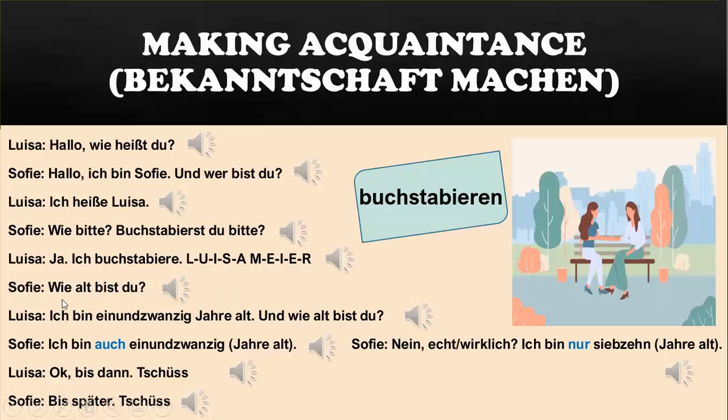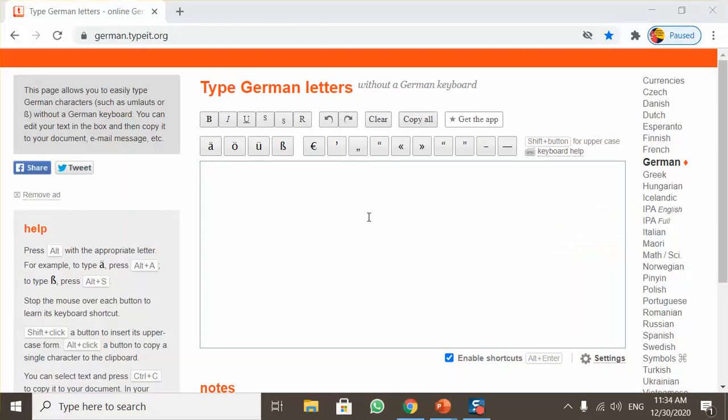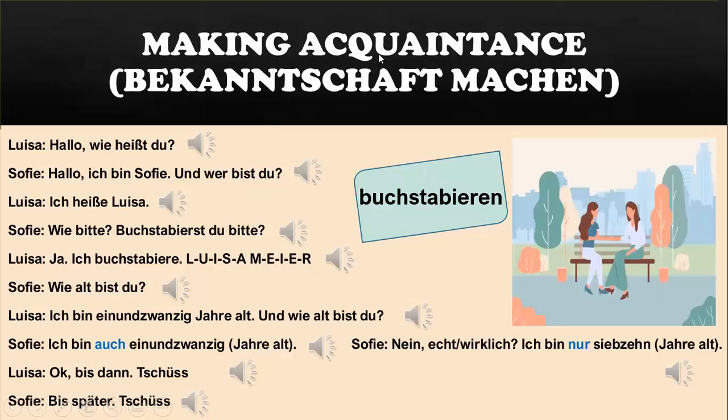Age in German is Alter. Alt in this question refers to old. So, wie alt bist du means how old are you?